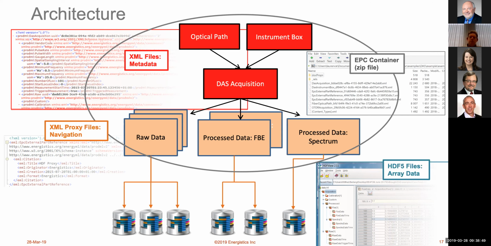There may be a lot of binary data files, HDF files. So these proxy files are there so that we can reference them, and those proxies themselves then tell us where to go and find the very voluminous binary data.